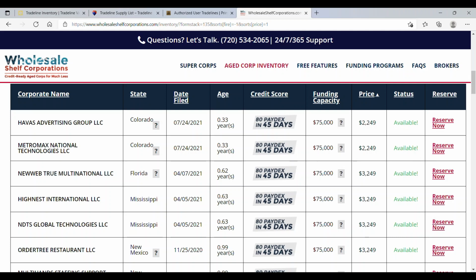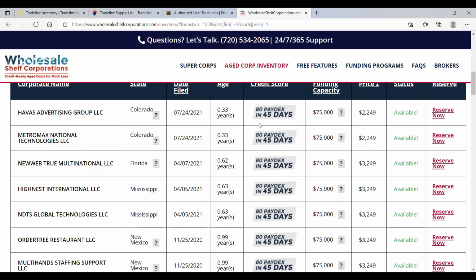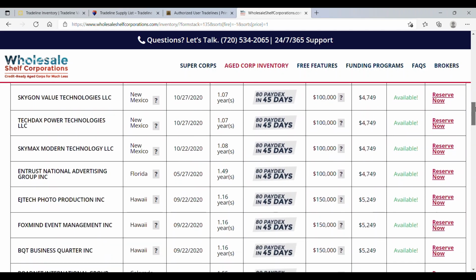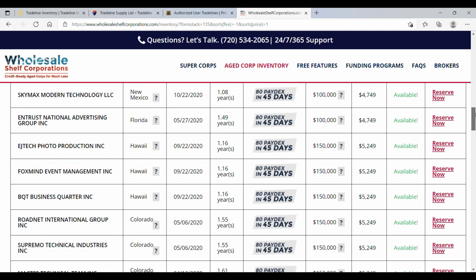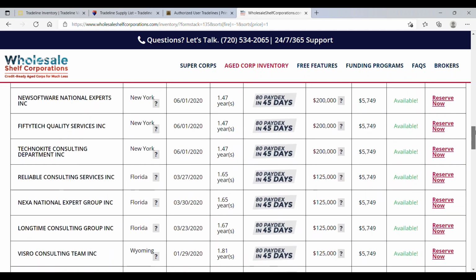Say, for example, you want to buy this one. It's less than a year old, so that won't do you any good. You always want to get something that's at least 2 or 3 years old, because the banks and credit unions want to see the federal tax returns, at least 2 or 3 years' worth. So something over 2 or 3 years is ideal.